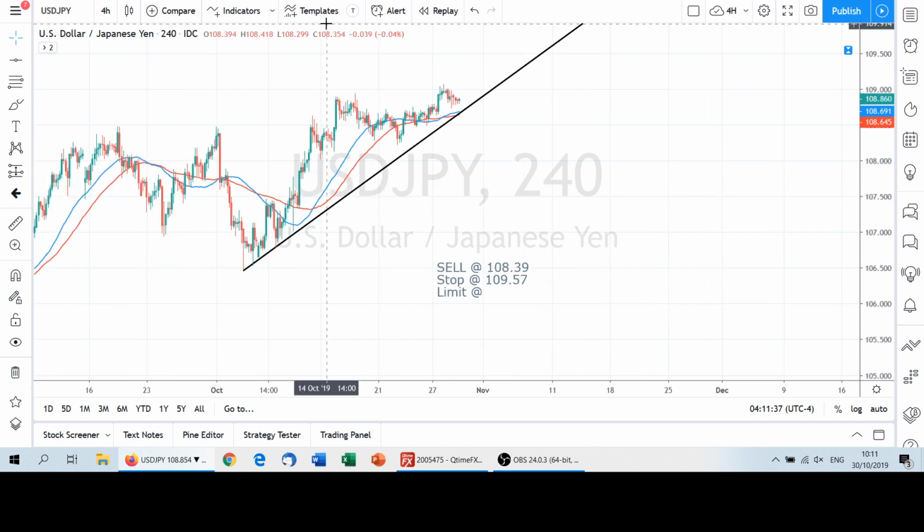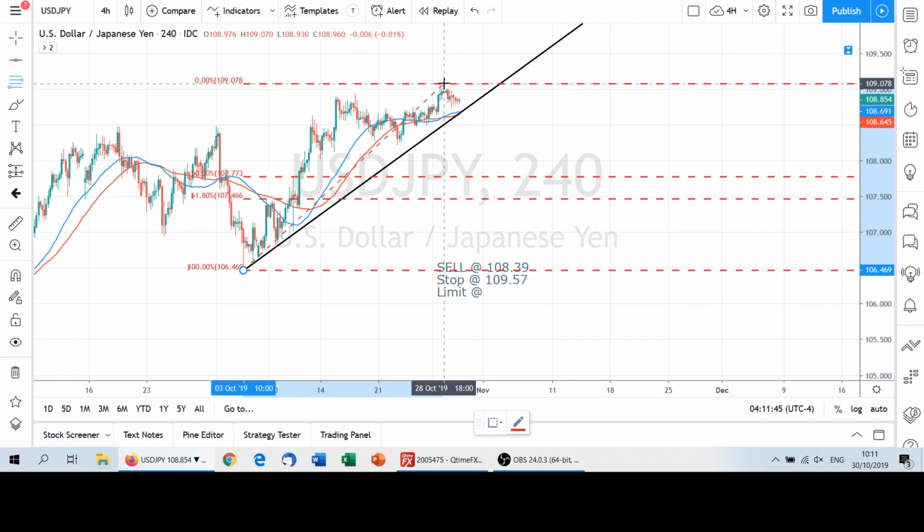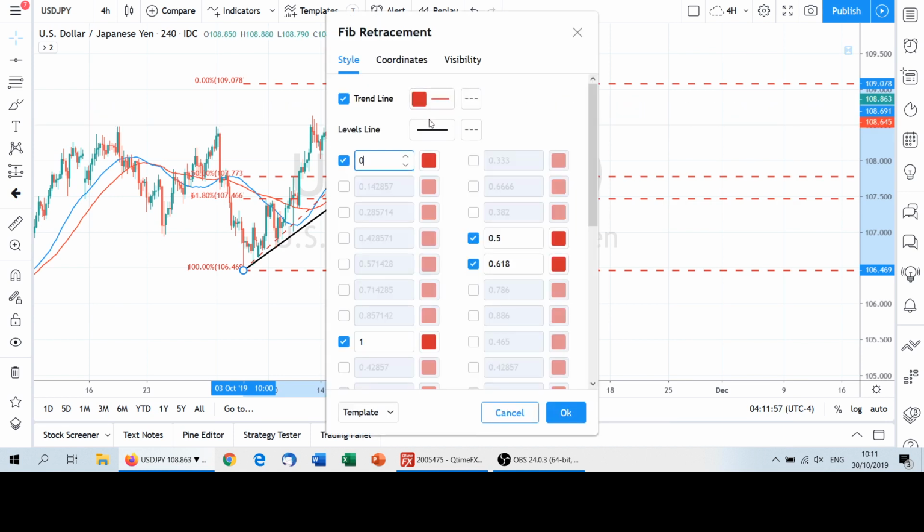So what I really want to do here is to find another retracement that is 107.47. We're getting close. I really want it to be even more than that. Sorry about the noise coming from outside, guys.